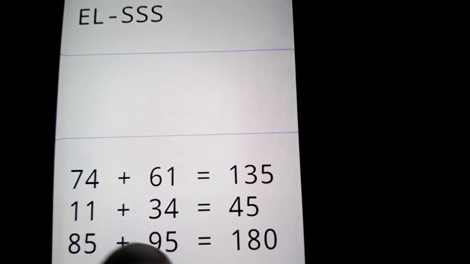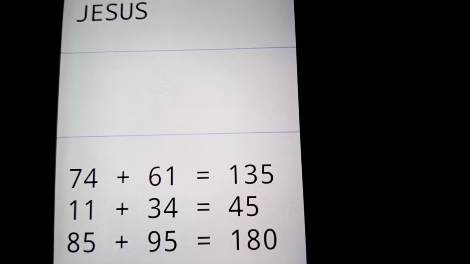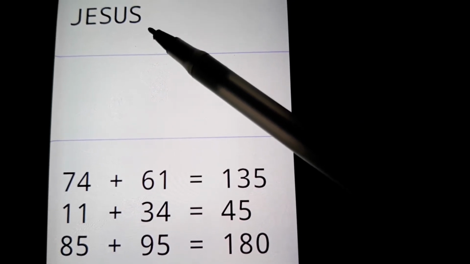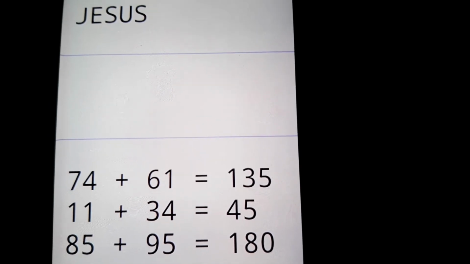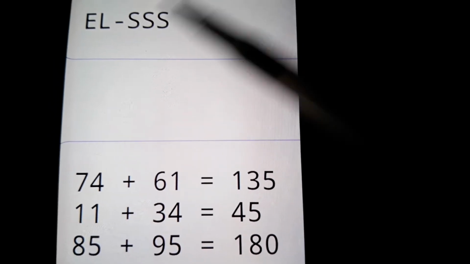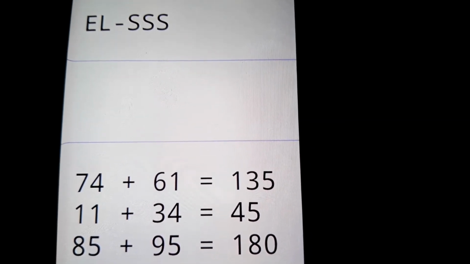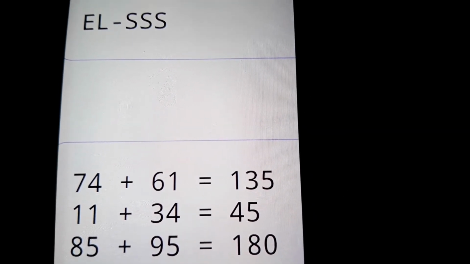74, 61, 1134. What does this equal? It doesn't equal Lucifer. It equals Jesus. You see what I'm showing you? Jesus equals EL with the triple S's, the triple crown. Is that incredible or what?